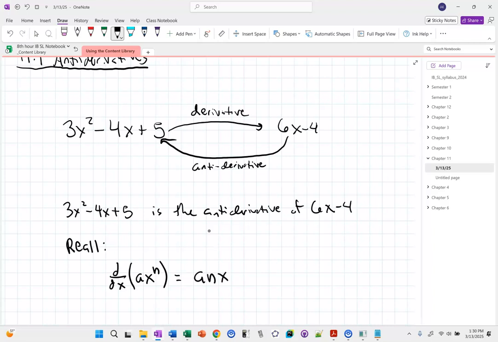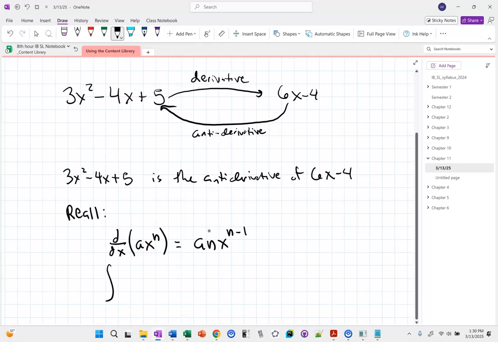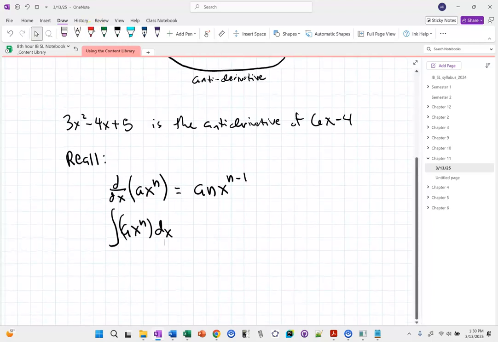Let's imagine what we're going to have to do going backwards. We need to cook up a symbol for the antiderivative. We're going to use this set of symbols to represent that. This is called the integral symbol.